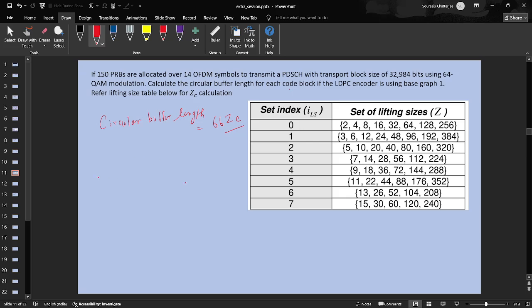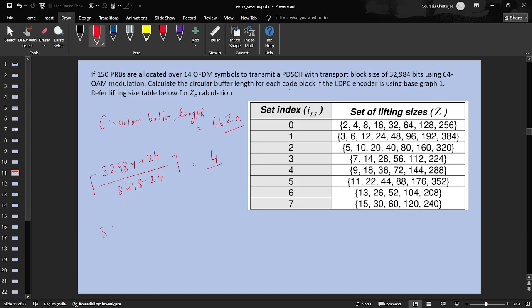So we have 32984 plus 24 divided by 8448 minus 24, ceiling operation, this many code blocks. And there are four such code blocks.